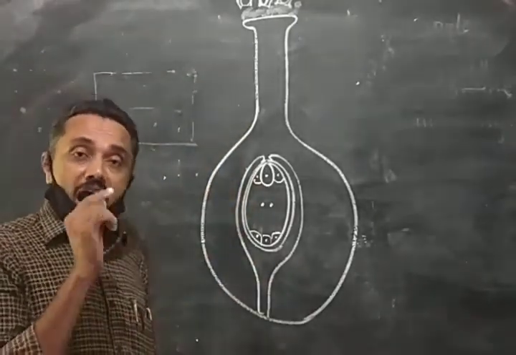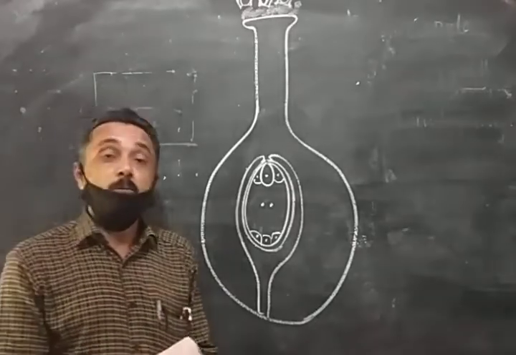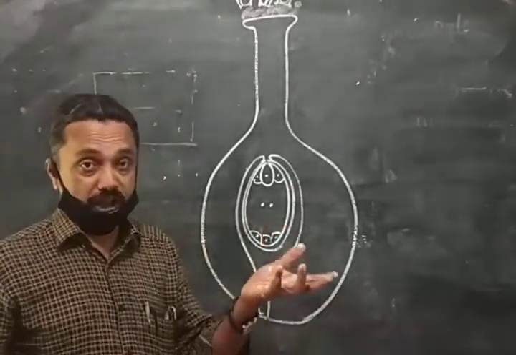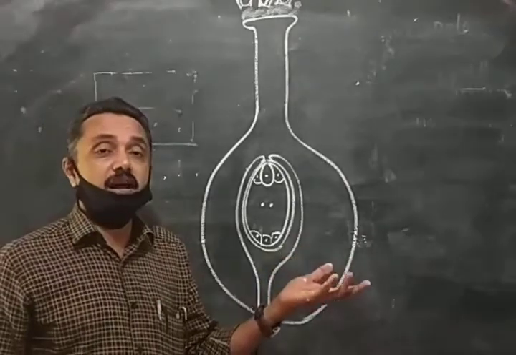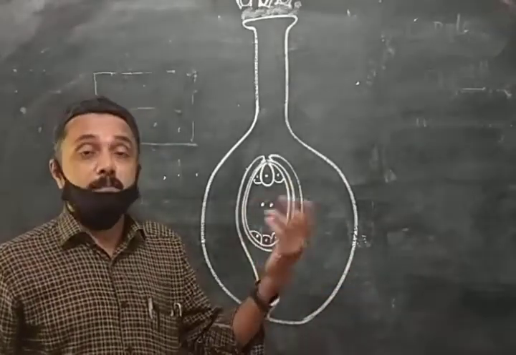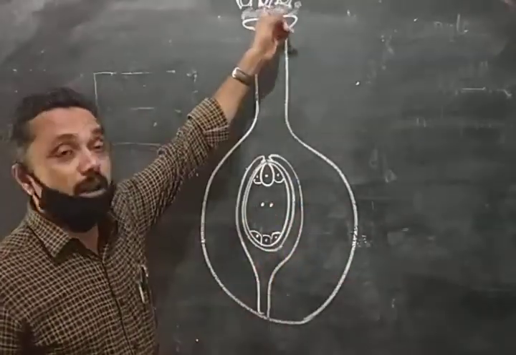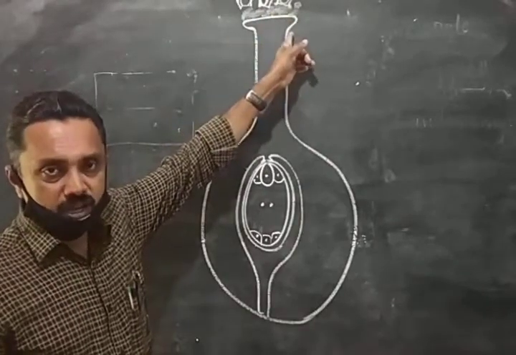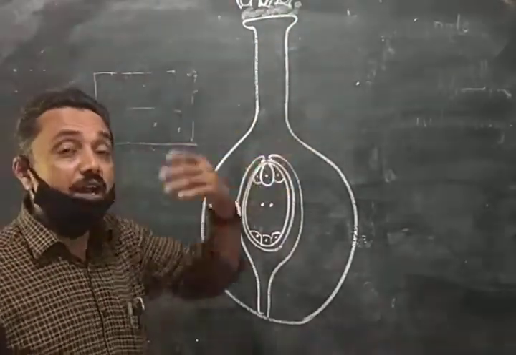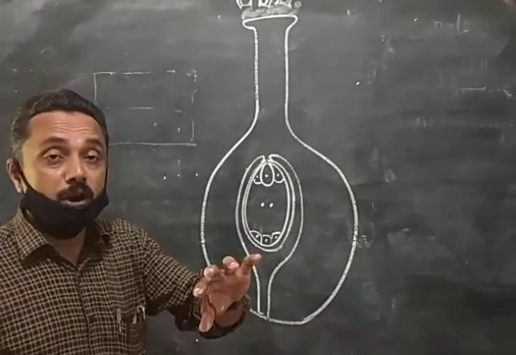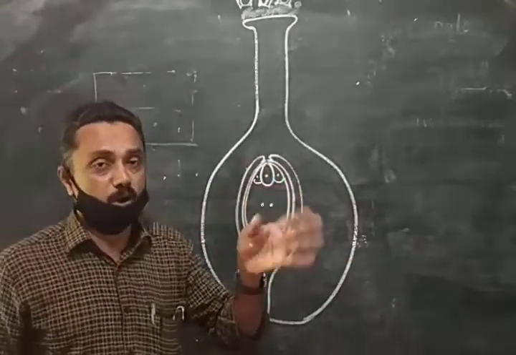Then the stigma identifies the right type of pollen grain and the wrong type of pollen grain. If the pollen grains come from some other plant or species, they cannot germinate or fertilize. So the stigma identifies the right type of pollen grains and avoids the wrong type.